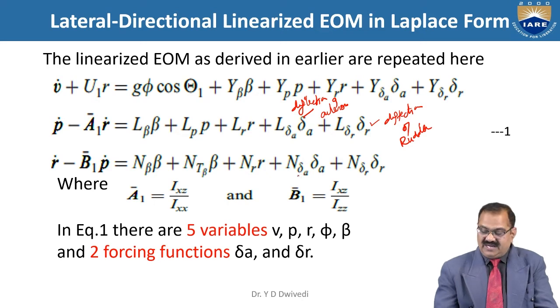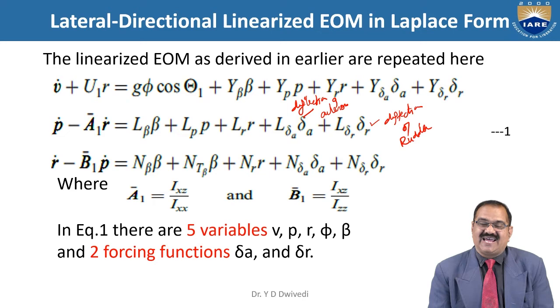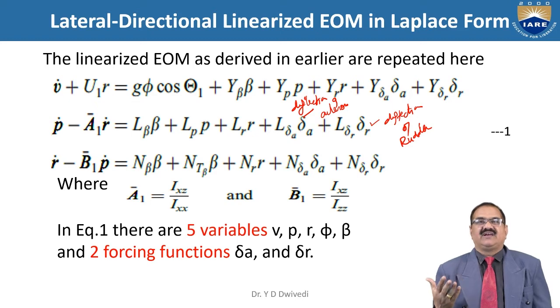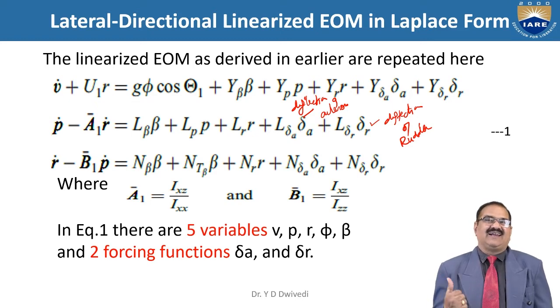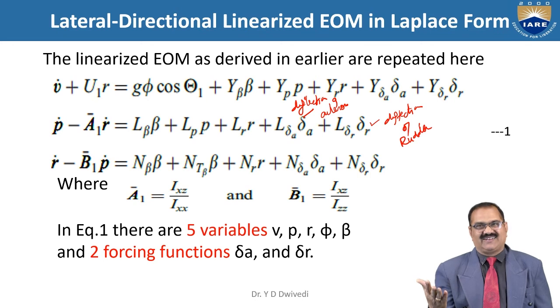Here we have to understand that lateral and directional motions are coupled with each other. However, longitudinal motion is not coupled like lateral and directional. It means once you roll the aircraft, yawing will be there. If you yaw, roll will be there.